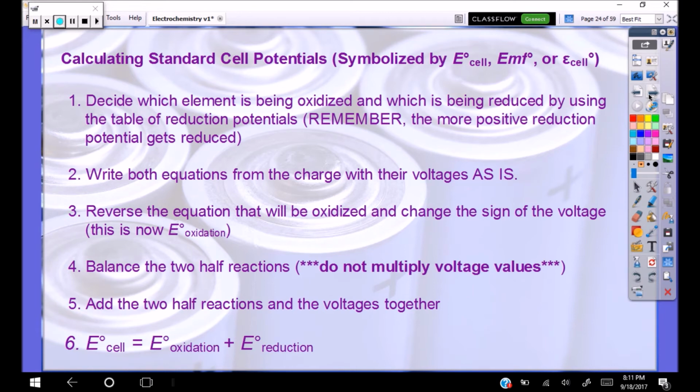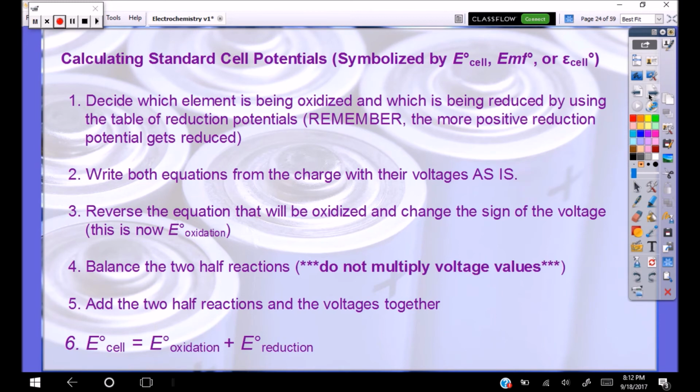This way, we want to keep the thing being reduced in the normal order. The reason we flip the one being oxidized is because we want the thing being oxidized to have the ions in the appropriate place, right? These are standard reduction potentials in our table, so they're all describing the reduction process. We're going to have to reverse the equation being oxidized because it's the reversed order, right?